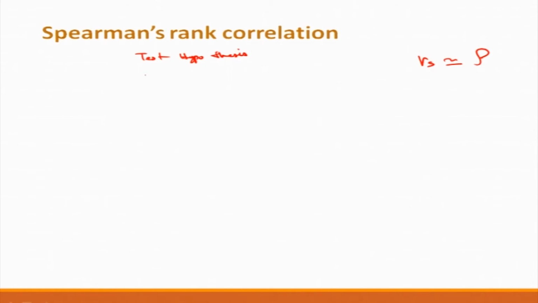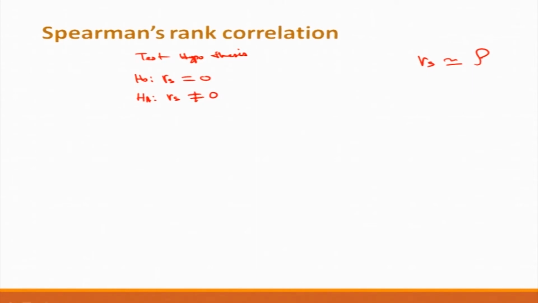So first, the null hypothesis is that RS is equal to 0. There is no correlation between the two variables, that is no monotonous association. Now the alternative hypothesis here would be that RS is not equal to 0.